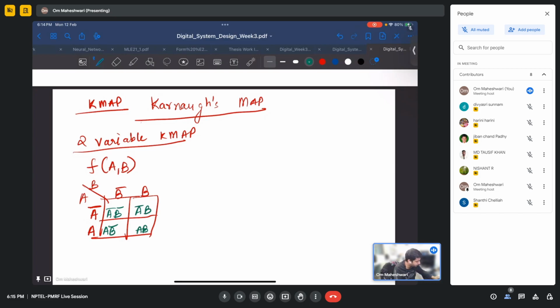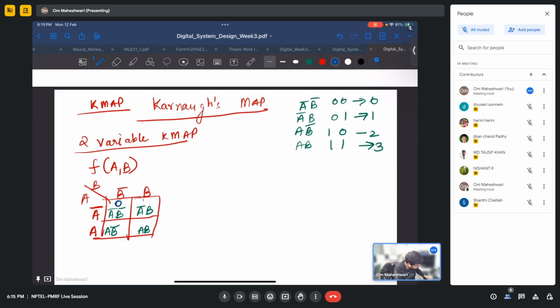And if you see in terms of numbers, a bar b bar, a bar b, a b bar, and a b, what are these? 0 0, 0 1, 1 0, 1 1, that is 0, 1, 2 and 3 in decimal form. So we can also write it as 0, 1, 2 and 3.